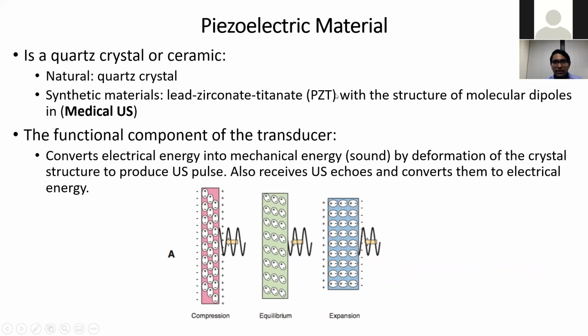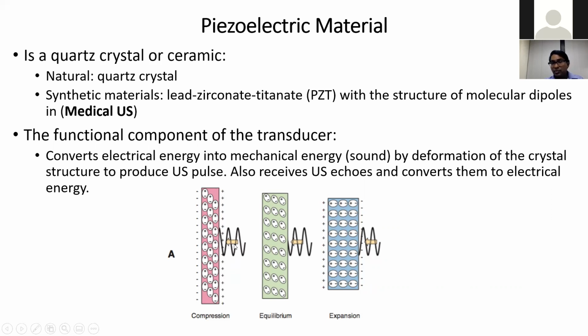So what happens in a PZT is, if you see in the figure below, this is the equilibrium state for the PZT. You can see the molecular dipoles. But when you apply a charge to it, or when you receive a compressional wave, the dipoles arrange themselves such that there's a positive charge on the front face and a negative charge on the back face.